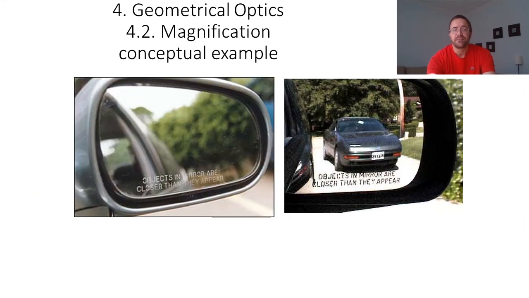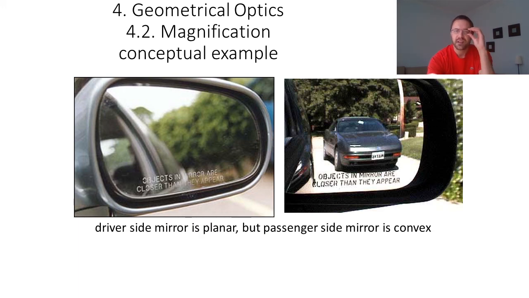In fact, have you ever noticed that on the passenger side mirror of your car, it says objects in the mirror are closer than they appear, right? What is this? Well, it turns out it's physics 9b again. In fact, the passenger side mirror is a convex mirror.